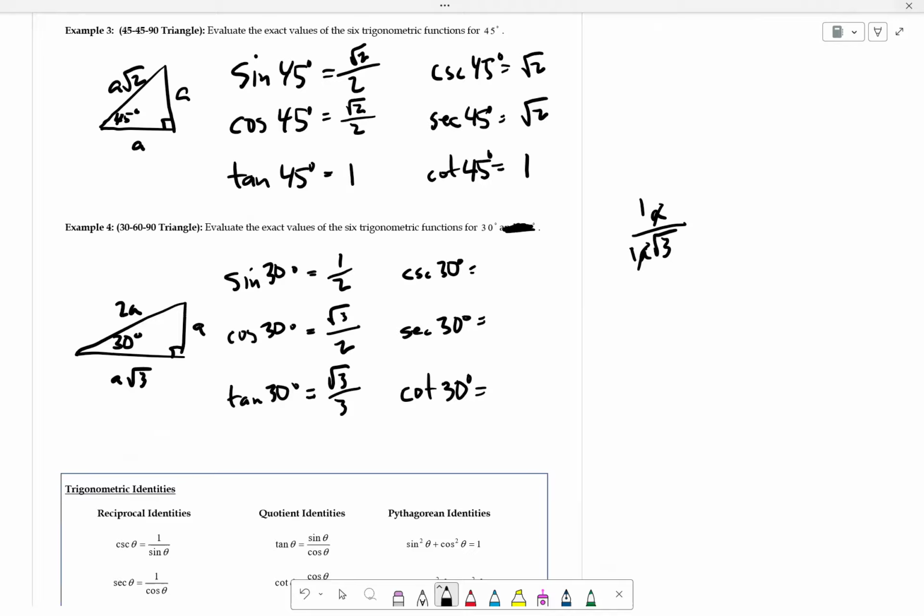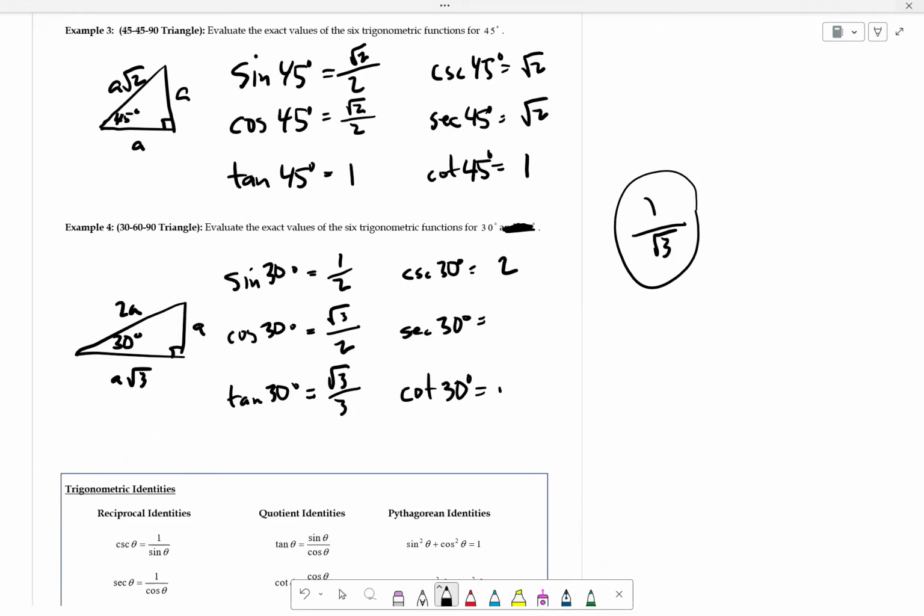Can you tell us the cosecant of 30 degrees? It is 2. Let's go to the tangent. And instead of flipping this final answer, how about we flip this? Will that make sense when we're trying to find the cotangent? So you see that the cotangent of 30 is root 3.